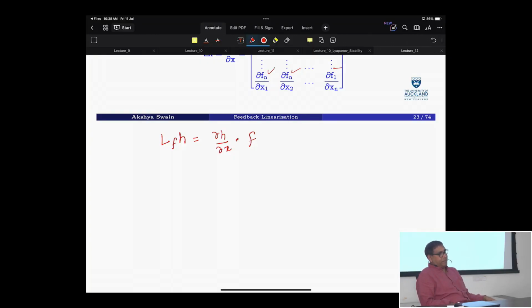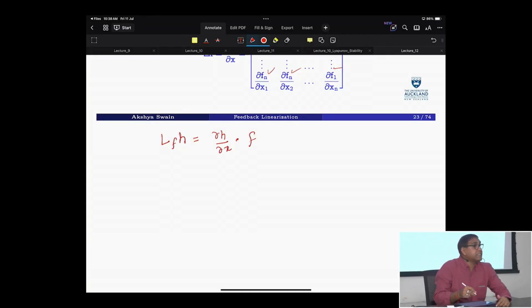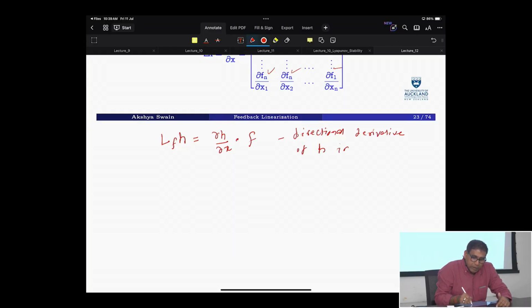Here f is a vector, so del h over del x into f is called the directional derivative of h in the direction of f.